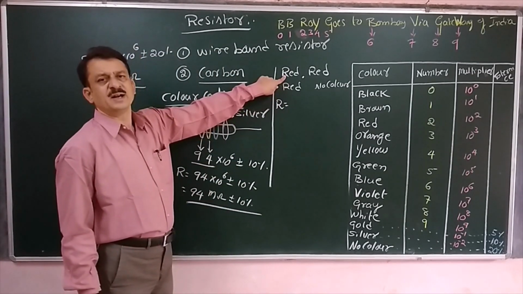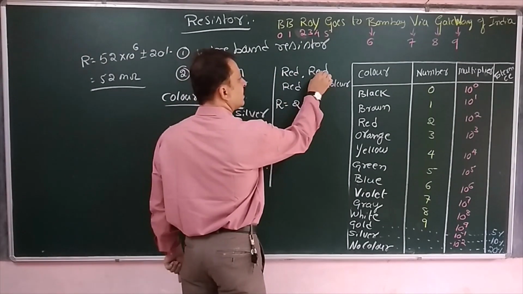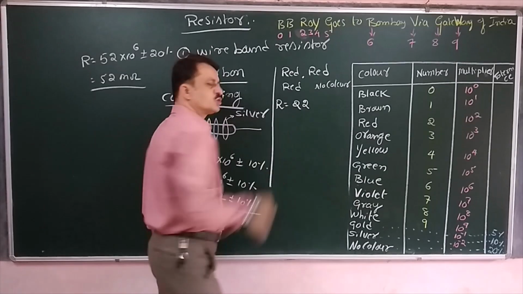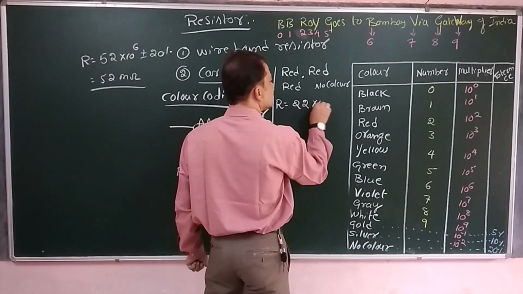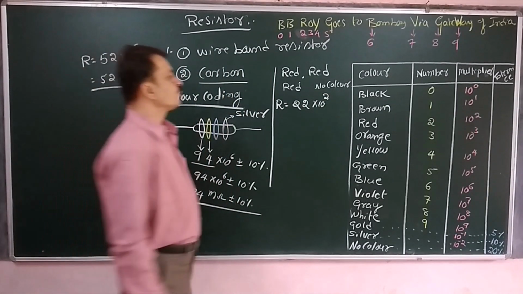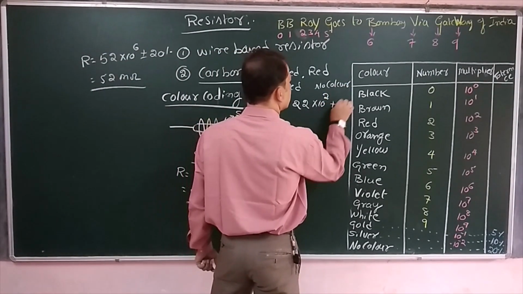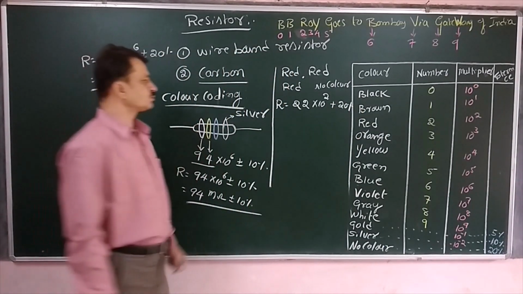Now this is the first band, red, its value is 2. Second band, red, value is 2. Third band, it is also red. It is the decimal multiplier, 10 to the power of plus 2. And fourth band, it is no color. It is a tolerance of 20%.